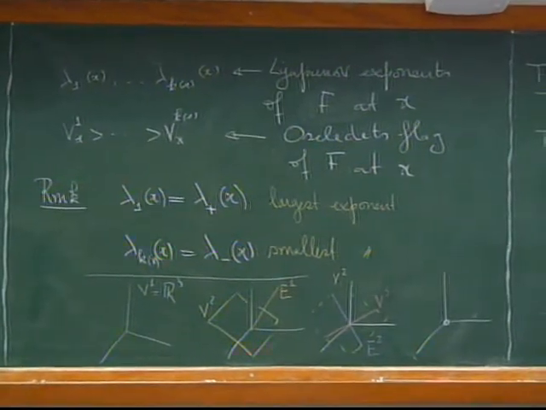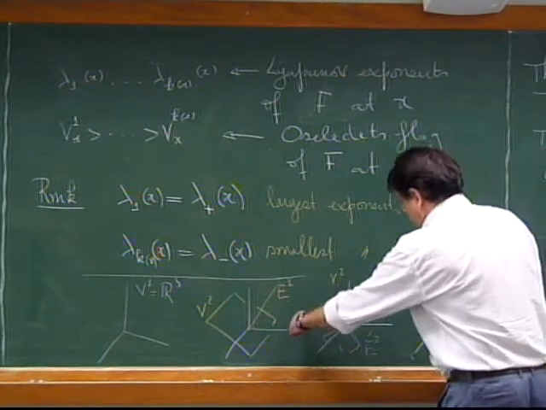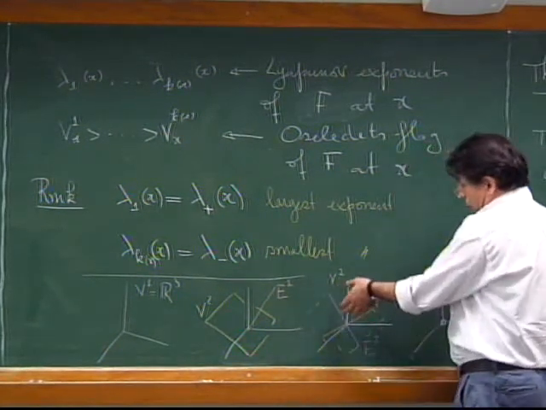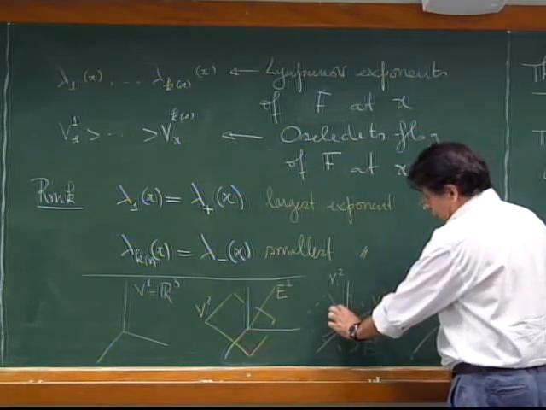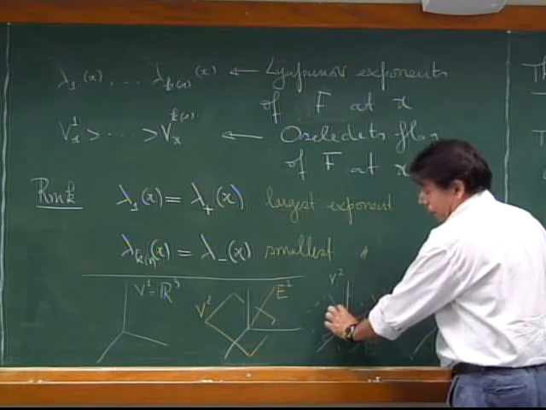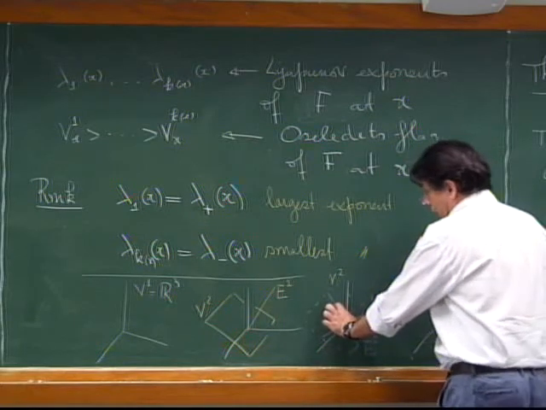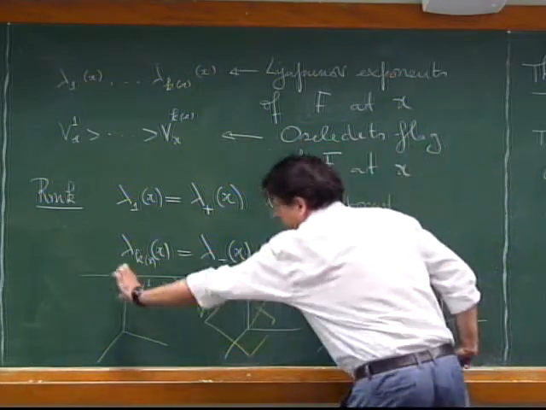And any vector that is in V2 but not in V3 grows at rate lambda 2 in the future. That holds in particular for vectors in E2. But these are special in that if you iterate backwards, they also grow at rate lambda 2.